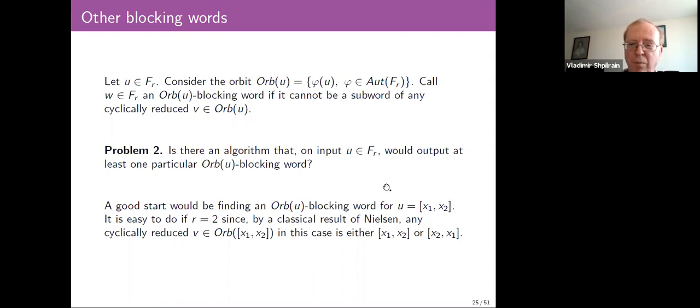Even for primitivity blocking, there are infinitely many words that are not primitivity blocking, like any power of x1 is not primitivity blocking. And here is just like a couple of words that are not orbit U blocking. All others are orbit U blocking. But rank 2 case is always special.